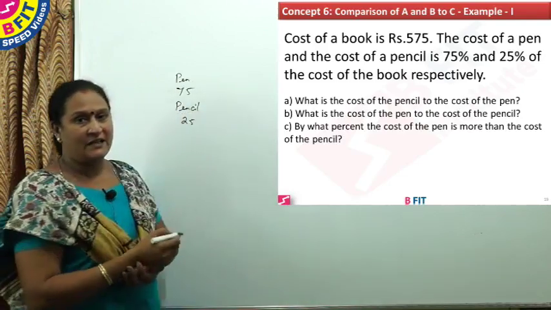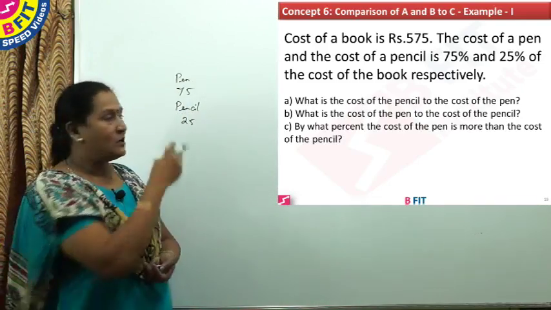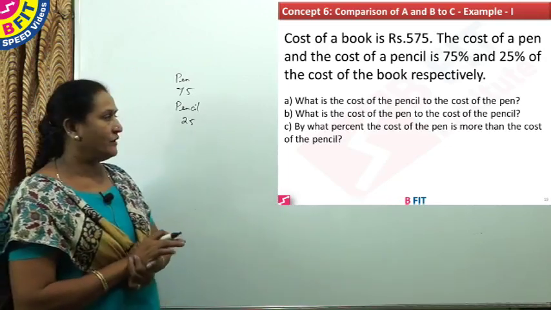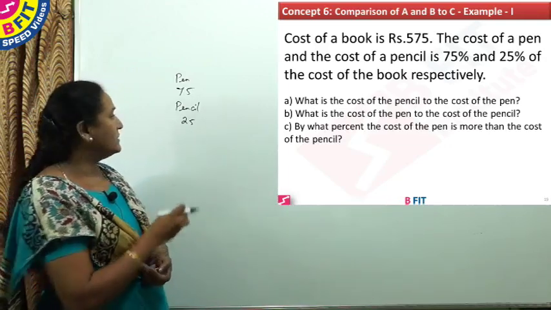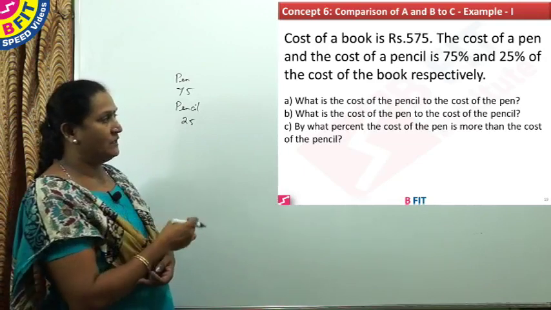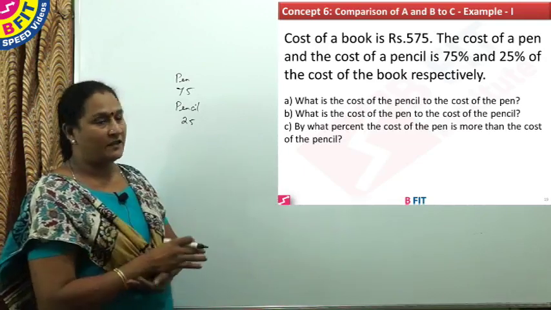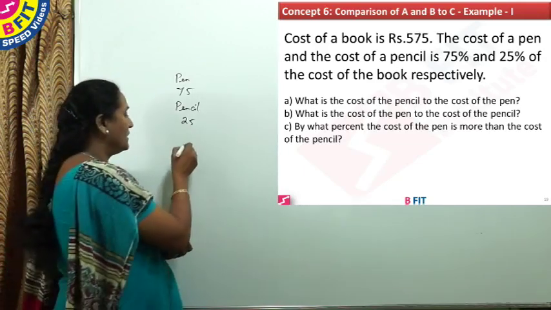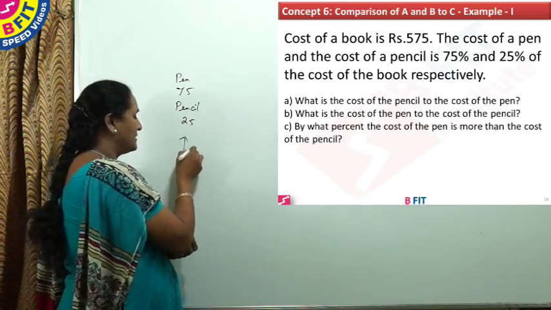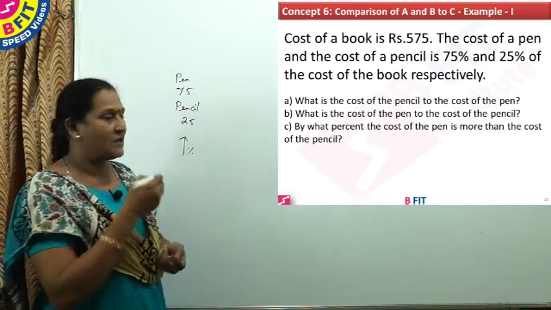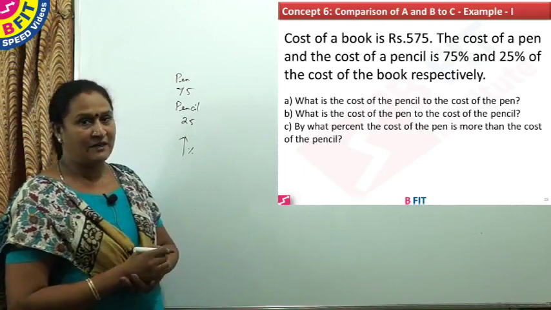So with these percentages itself we can work out, because both are compared to the cost of the book. So here, by what percent is the cost of the pen more than the cost of the pencil? So here increase percentage is asked. Mostly this type of question we get in data interpretation.